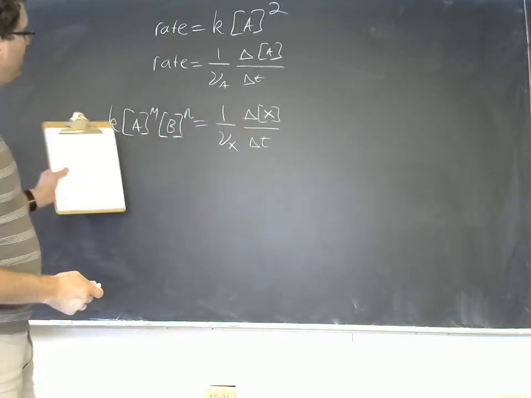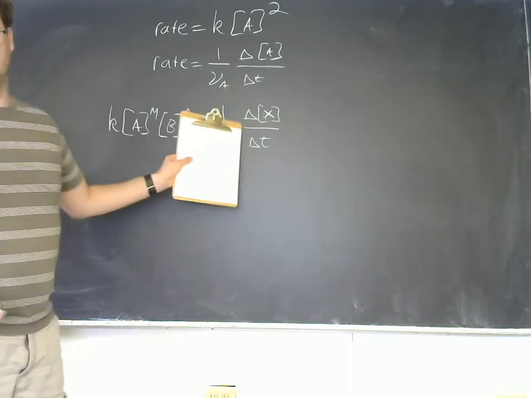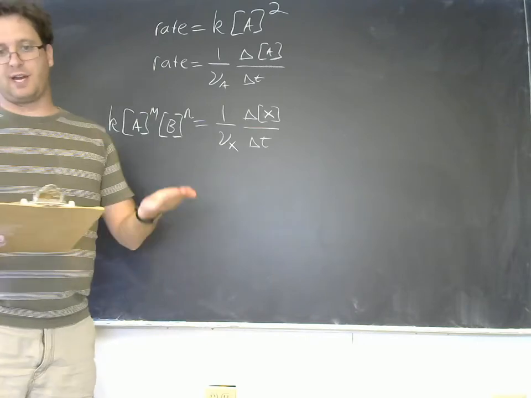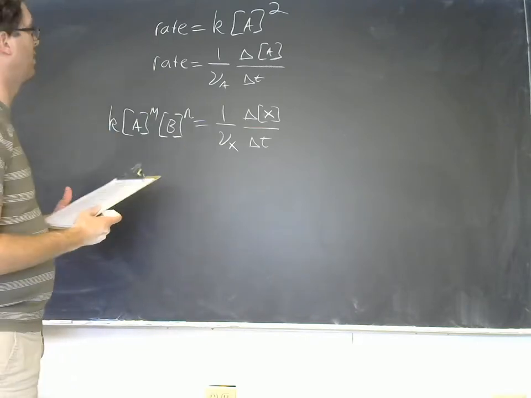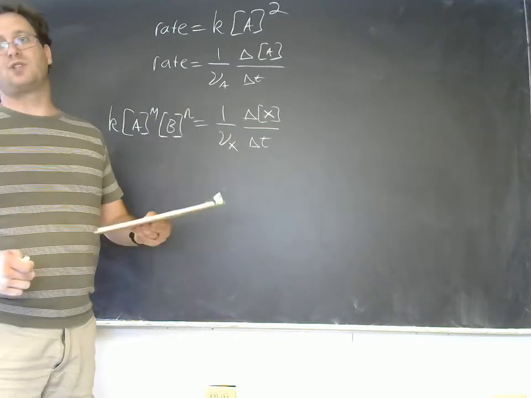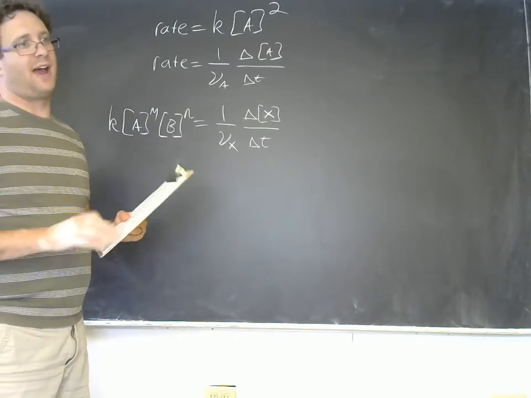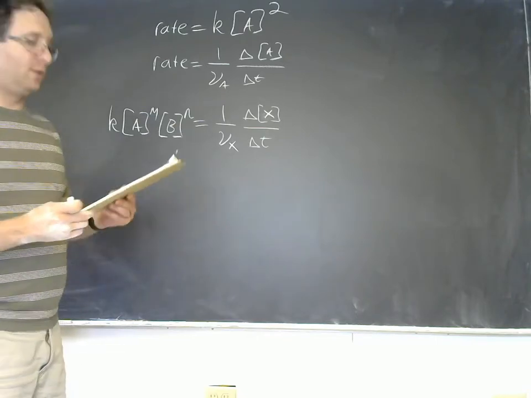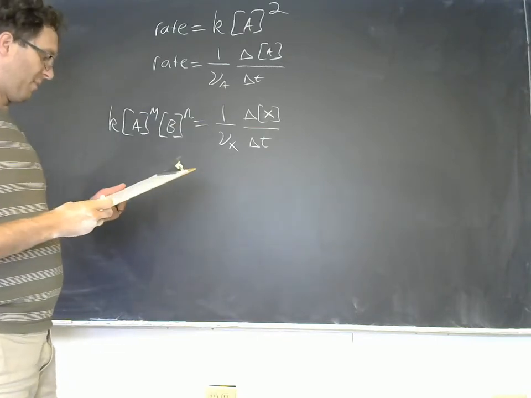Now, this right here is going to be useful to us for both this textbook section and section 14.3. This equation here is kind of the most essential equation to get at how we determine the reaction order using experimental data.